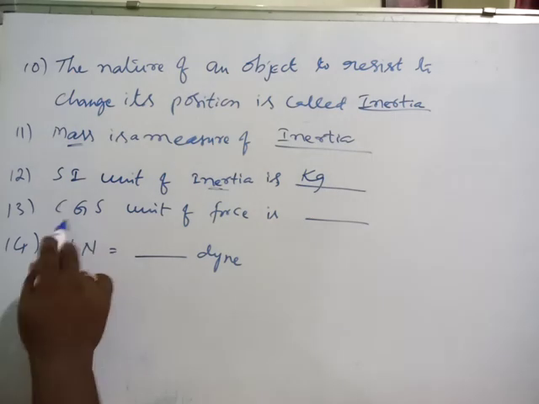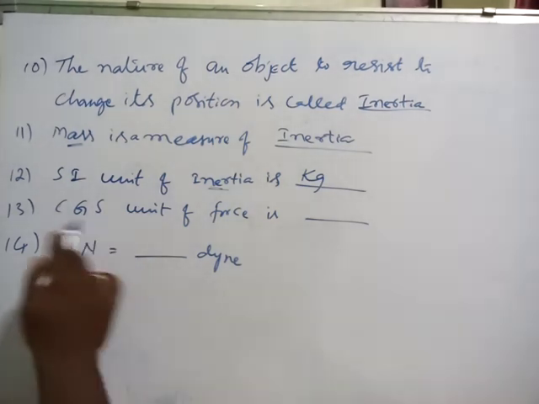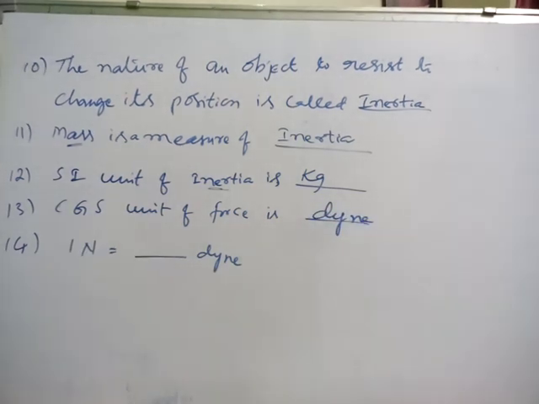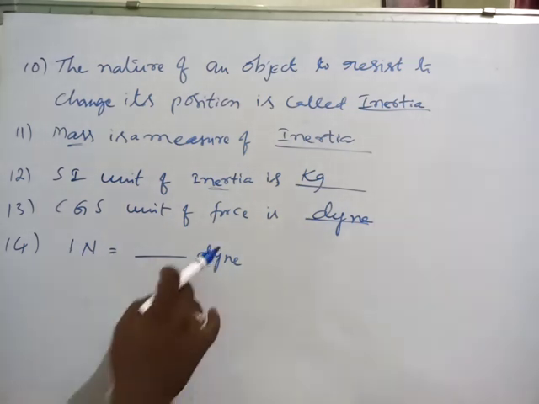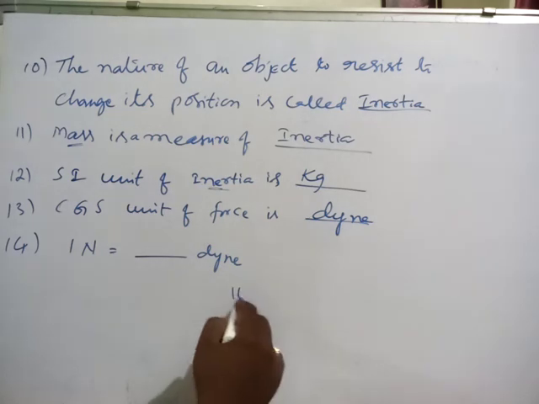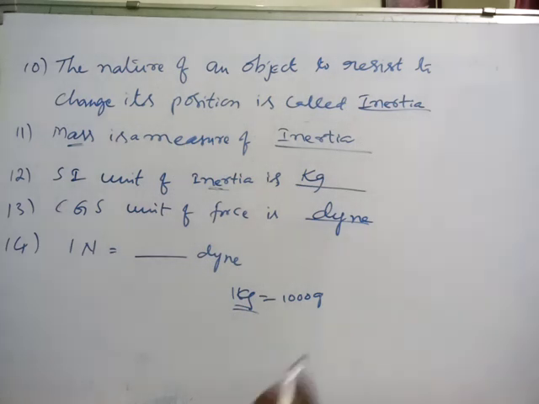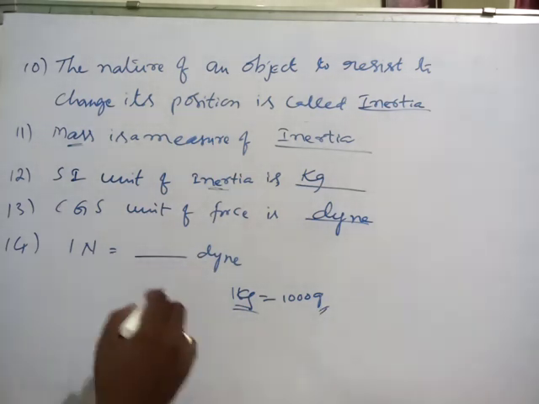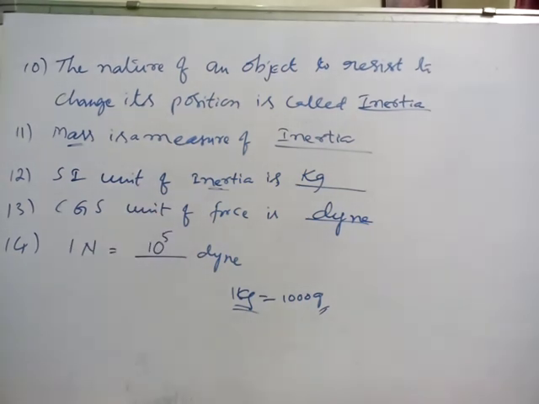Next, CGS unit of force. The SI unit you know very well is Newton, and the CGS unit is dyne. What is the relation between Newton and dyne? Like 1 kilogram is 1000 grams, here one is the SI unit and the other the CGS unit. 1 Newton is 10 to the power of 5 dyne.